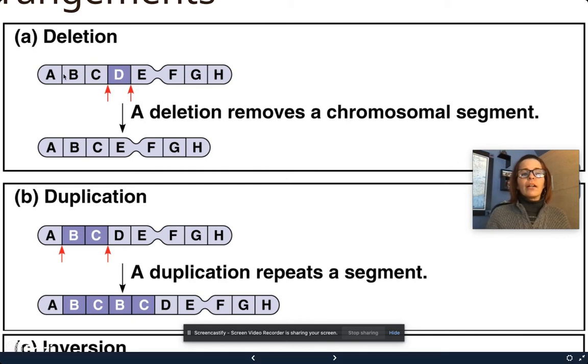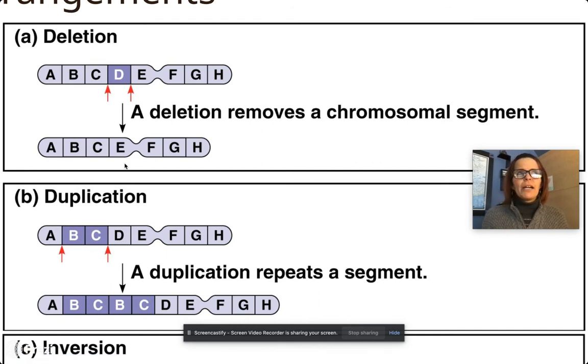The first thing, so this is a chromosome right here. Notice an entire section of the chromosome is missing. I believe there's a genetic disorder called cri du chat, which means cry of the cat in French. And it's caused by the deletion of part of one of those chromosomes. So that's one example.